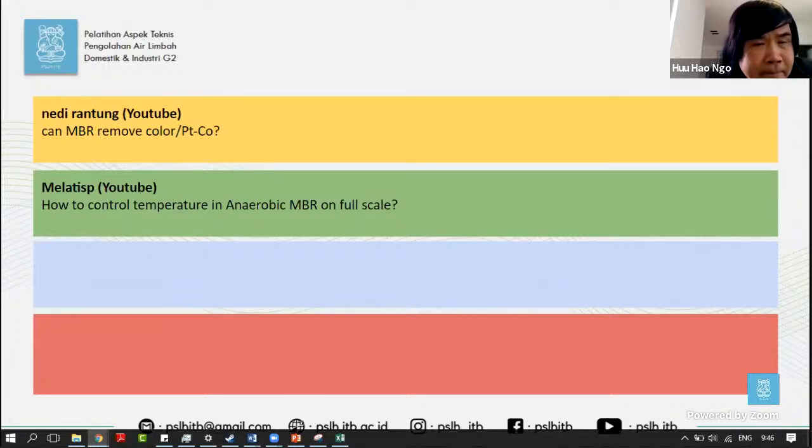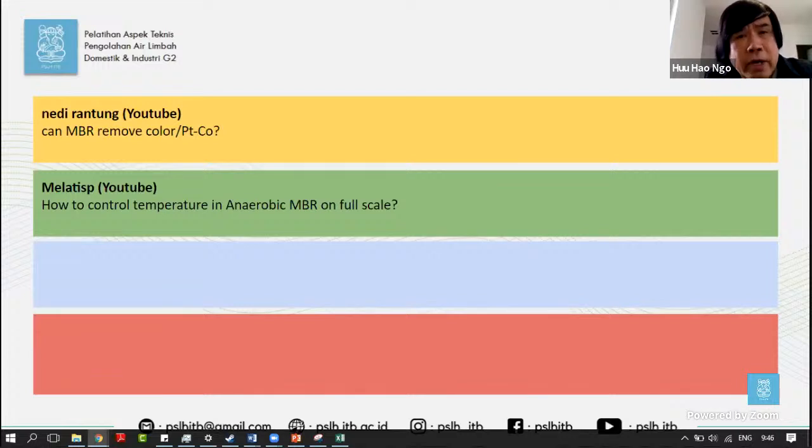About how to control temperature in an anaerobic MBR at full scale. For that, the only thing they use is the normal temperature controller. That is very costly.